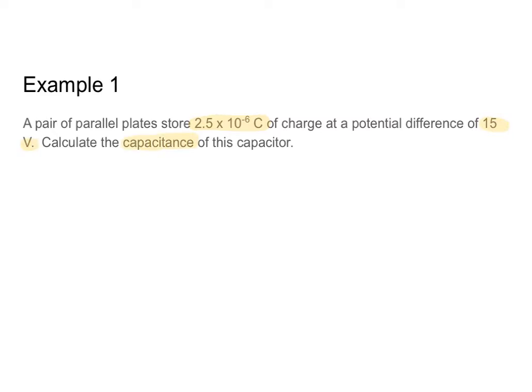So going through our GUESS method, my givens are my charge, Q, which is 2.5 times 10 to the negative 6, and my voltage, V, which is 15 volts. My unknown is, of course, the capacitance of the capacitor, which is a very silly sounding sentence now that I think about it.